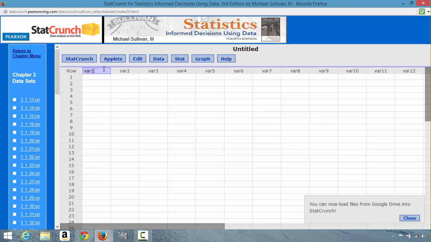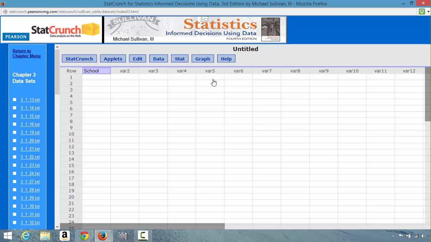And I can call this variable 1. The nice thing about StatCrunch, if you have access to this, if you click on this data, it goes ahead and populates it. So let me name my data hours schoolwork.